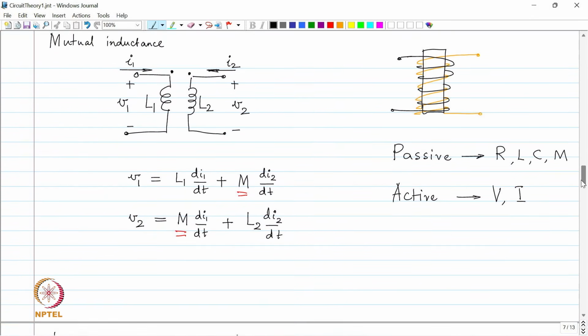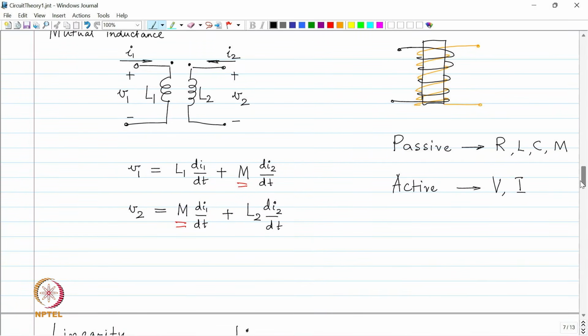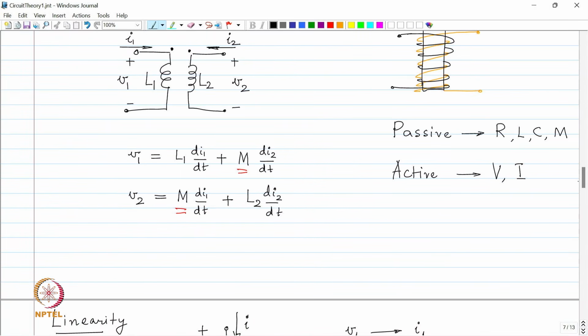We also discussed mutual inductance. I hope you remember, right. Mutual inductance is like two inductors, but they are coupled. Okay. So, the way I set it up was V 1 is ordinarily L 1 d I 1 dt, V 2 is ordinarily L 2 d I 2 by dt, but then because they are coupled, V 1 will also have something which belongs to I 2 and that is going to be M d I 2 by dt.